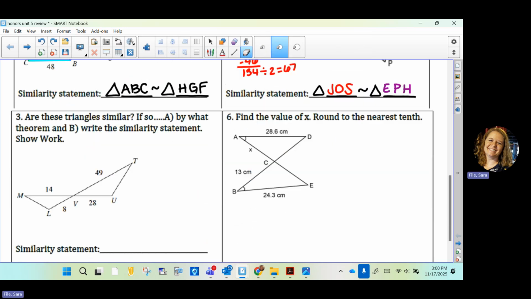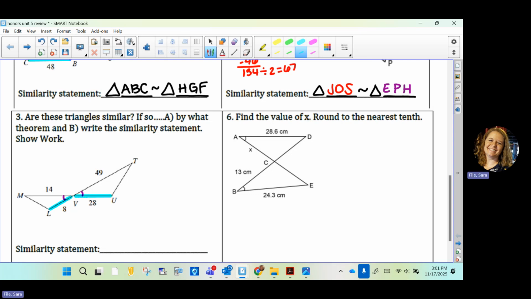And then on number 3, same question. This time they have intersecting sides creating vertical angles here in the middle. So we know that they have one set of angles congruent, and then there's 2 sets of sides labeled. So we need to see which ones correspond. Again, shortest to shortest. In MLV, 8 is the shortest. In TUV, 28 is the shortest.